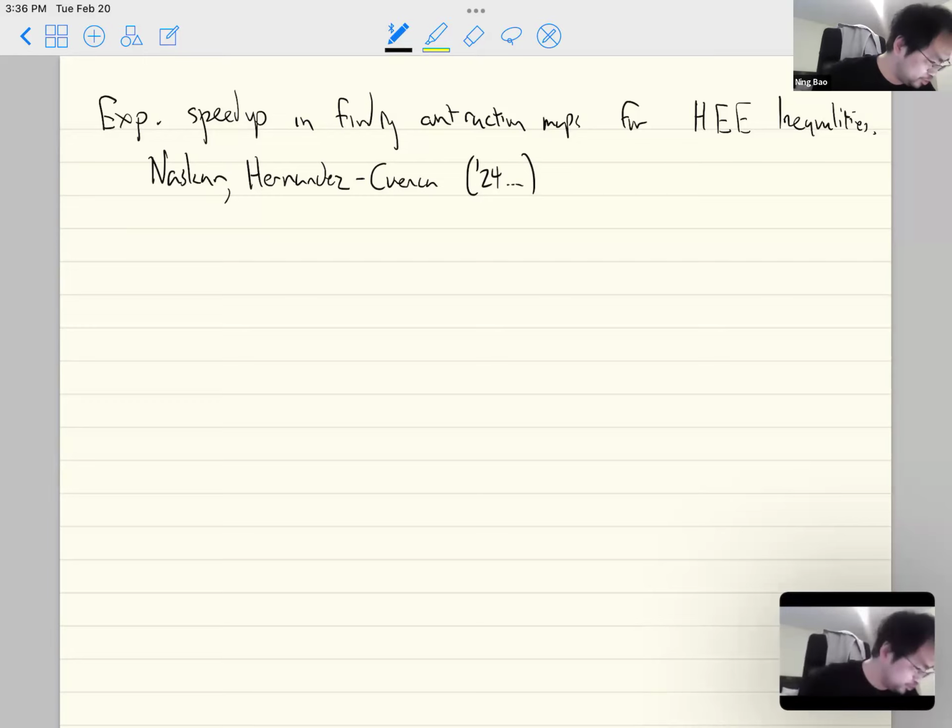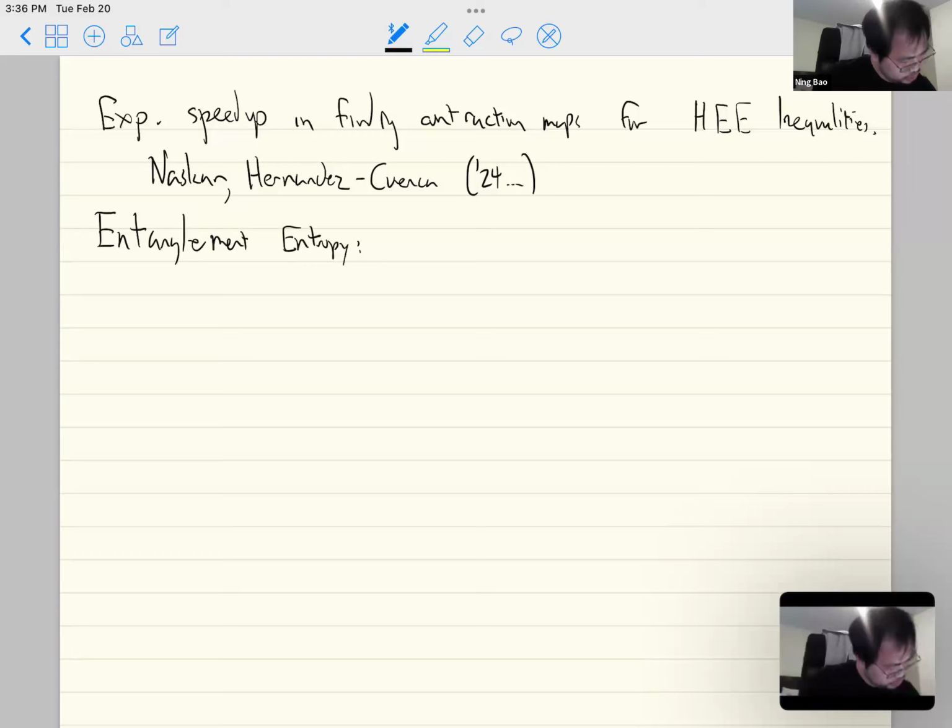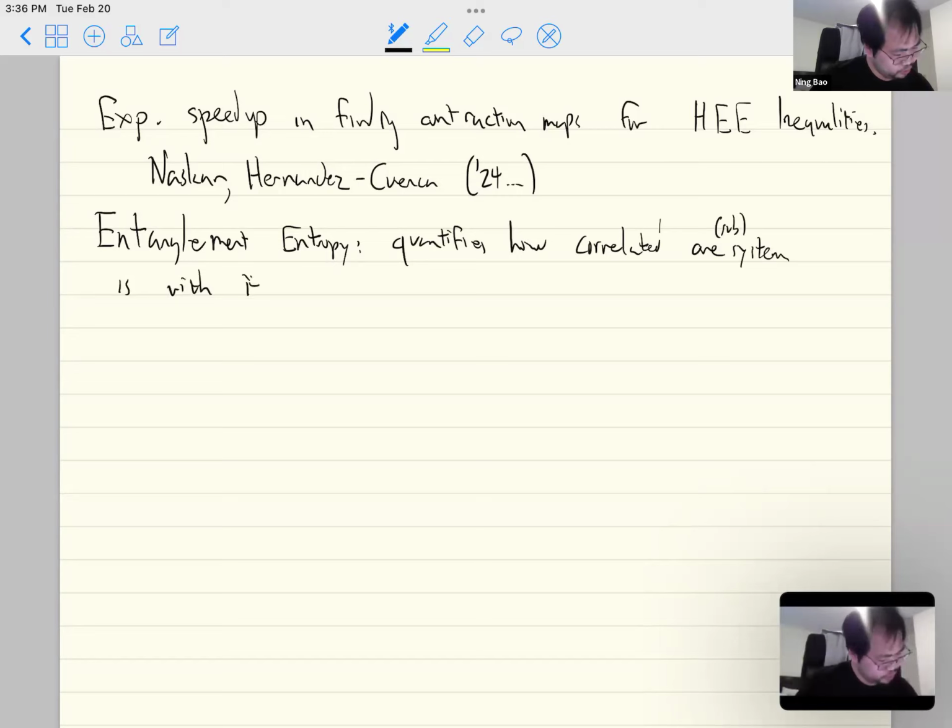Okay, so what's the background? Entanglement entropy quantifies how correlated one system, a subsystem, is with its purification.